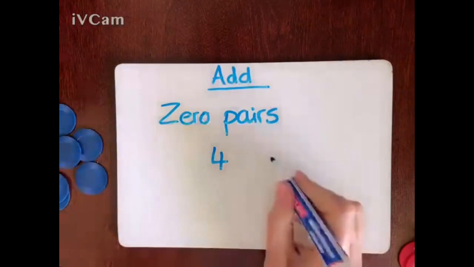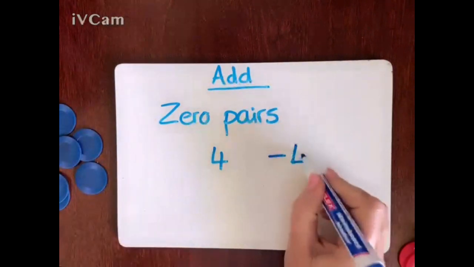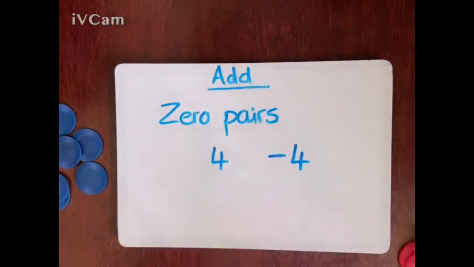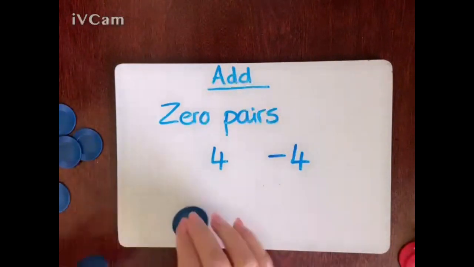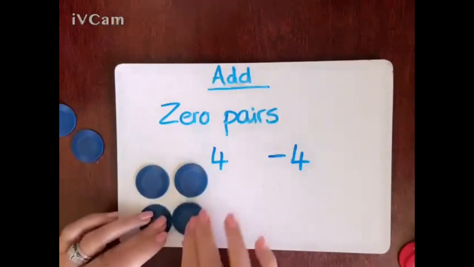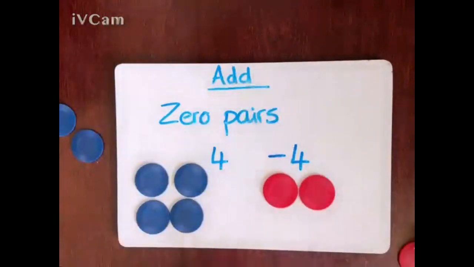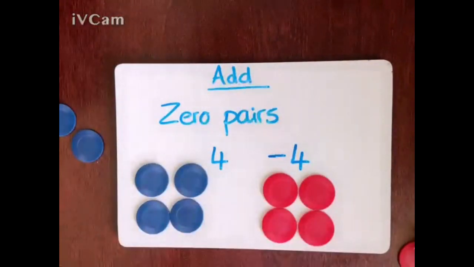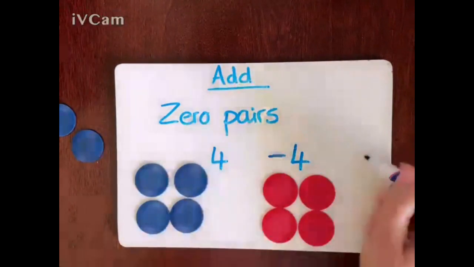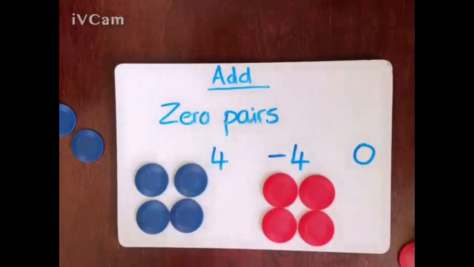The opposite of this number is -4. So those are opposites. So +4, the opposite of this number is -4. Right, and together they make 0 if we add them.